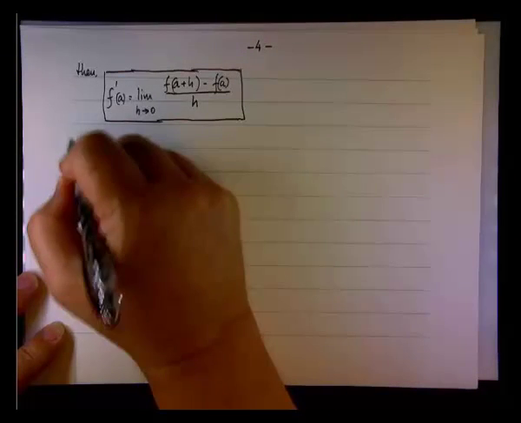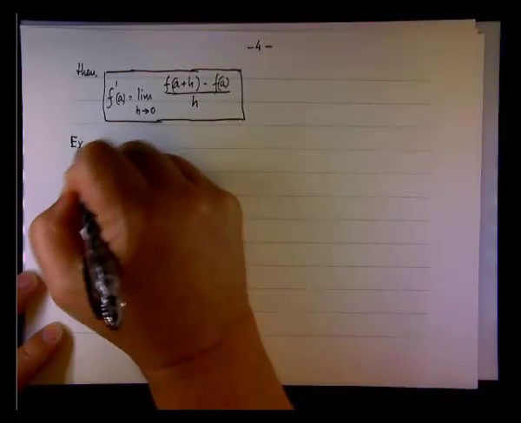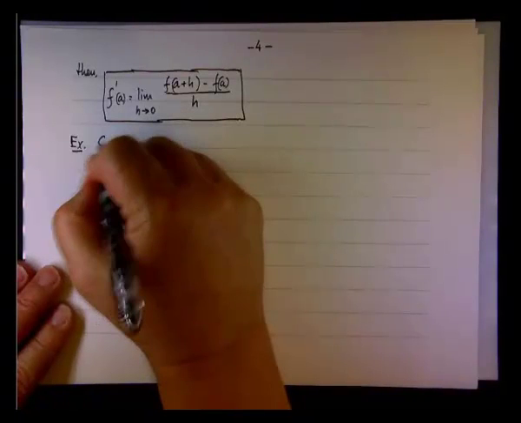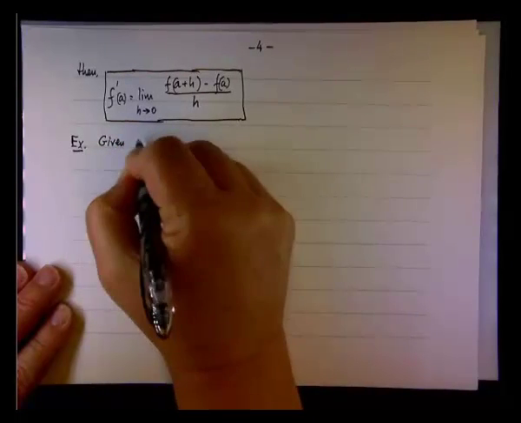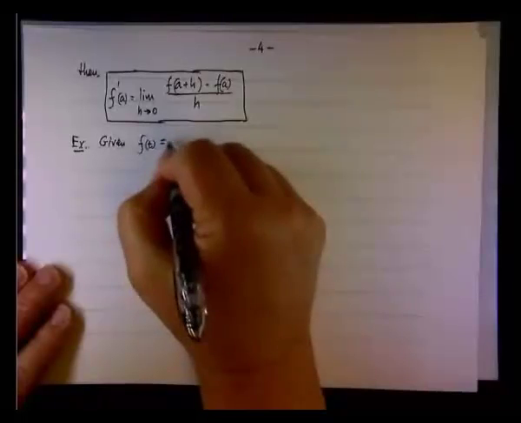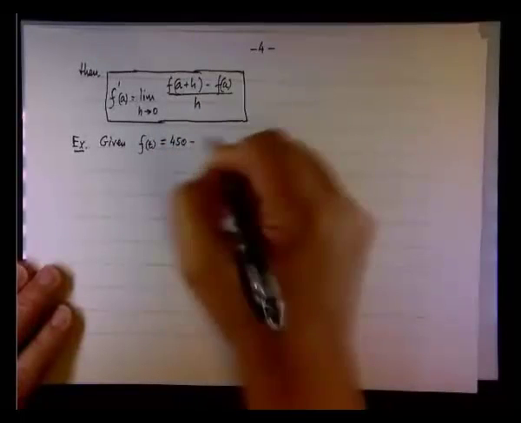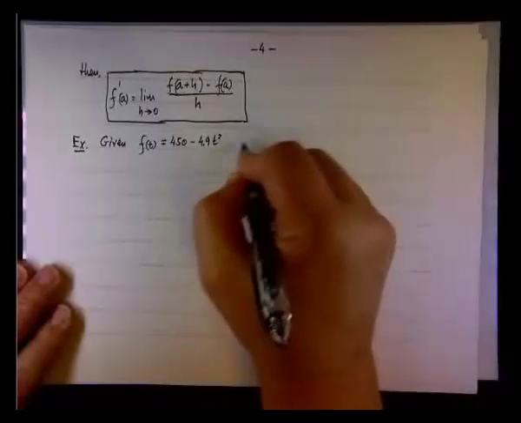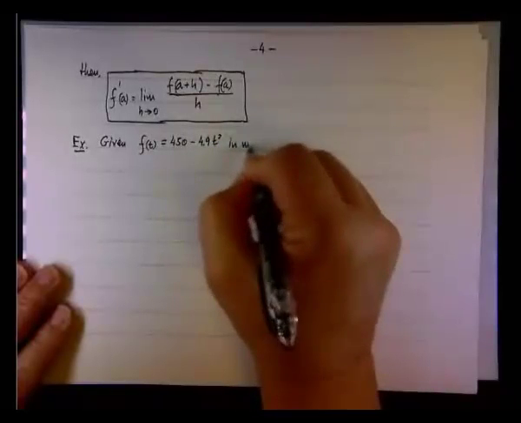So here's the example where we use the modified definition. Given a function f of t, of course t would be time, equals 450 minus 4.9 t squared, in meters.